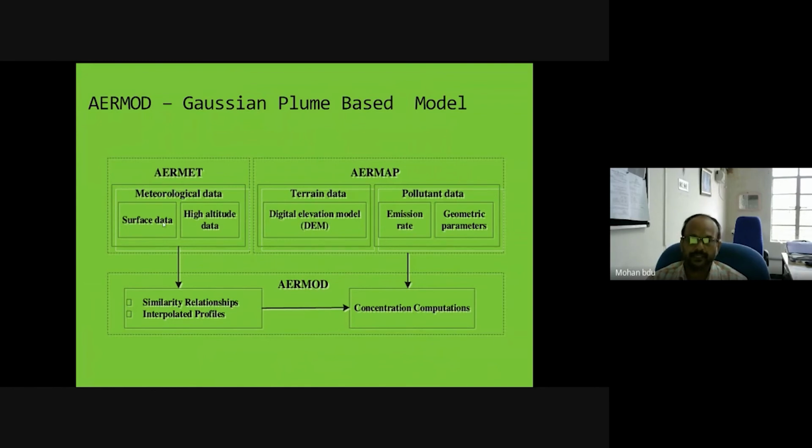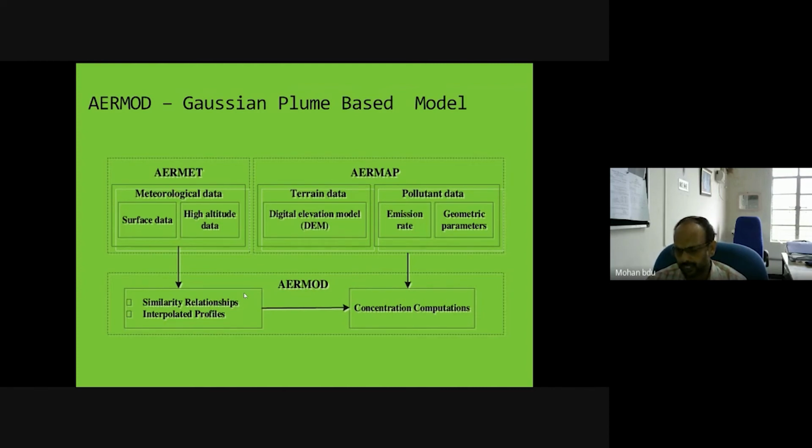AERMET will have the meteorological data as input, like wind speed, wind direction, solar radiation, etc. And AERMAP is another component which will have inputs of terrain data, that is the DEM, the digital elevation model, which I showed you earlier, and then the pollution data, like the data from the emission source in terms of emission rate or geometric parameters. This will calculate and give a result on the concentrations of air pollution at a given location.